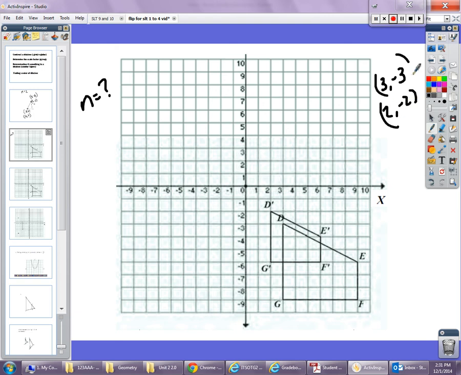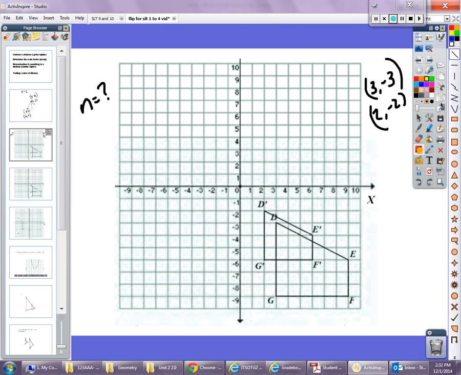So if you wanted to know what the scale factor was, first of all, we could only do this if our center of dilation is 0, 0. So the first thing I'm going to do is check. I'm going to put a line from G through G. It seems to go through 0, 0. I'm going to go D to D. It goes through 0, 0.